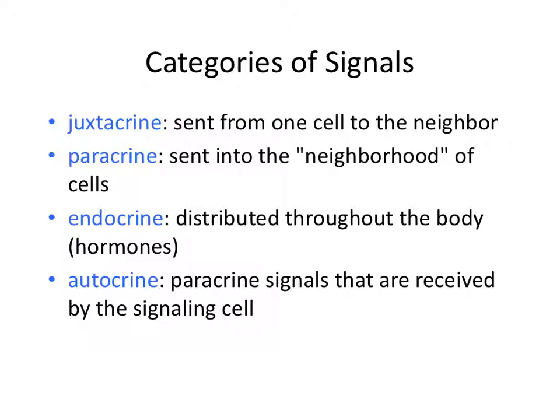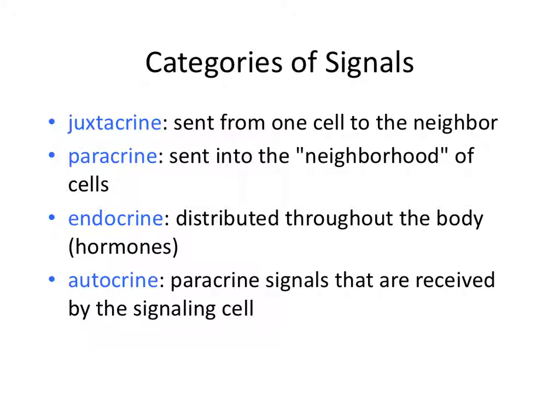This is different from the endocrine and autocrine systems, which are evenly distributed throughout the body through different systems that planaria don't have. And this also differs from juxtacrine signaling, which is physical connections between two neighboring cells, that don't have anything to do with signals, proteins in this case, that are secreted from a cell and can sort of diffuse in the neighborhood of cells.